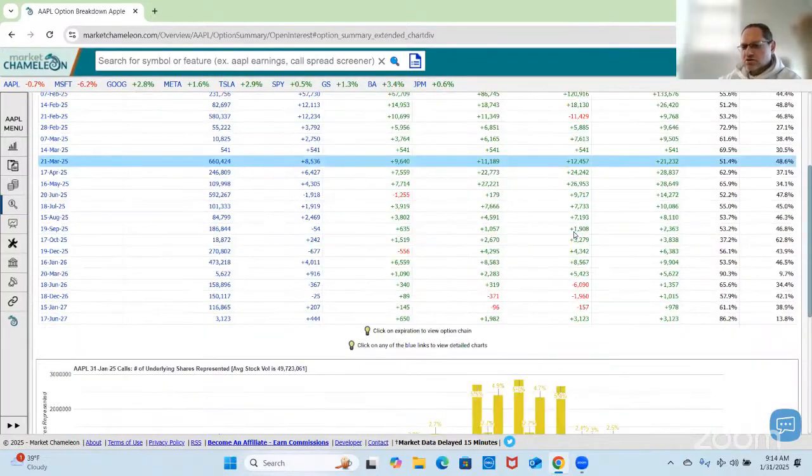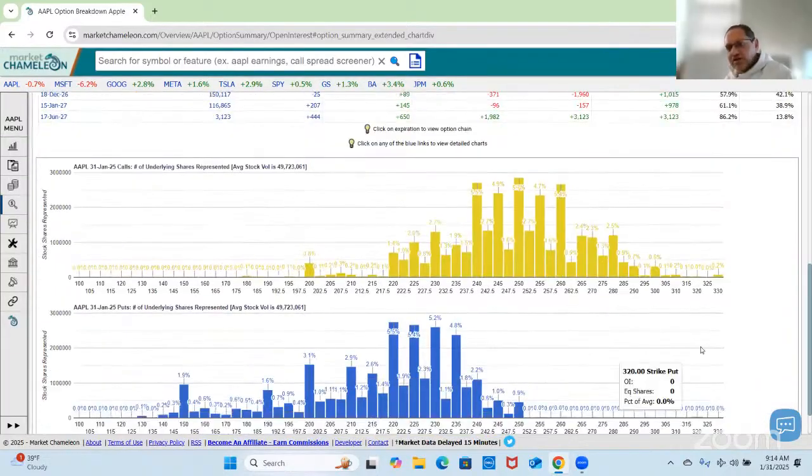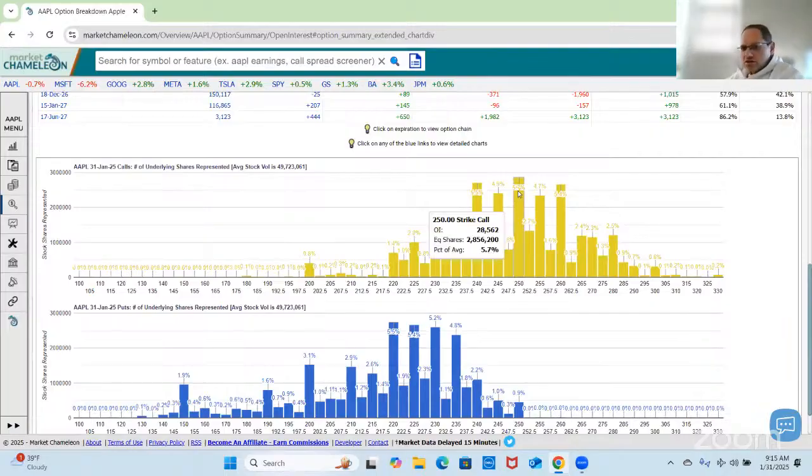But if it's a significant amount, let's say you have this option that's out of the money, like this 250 strike.